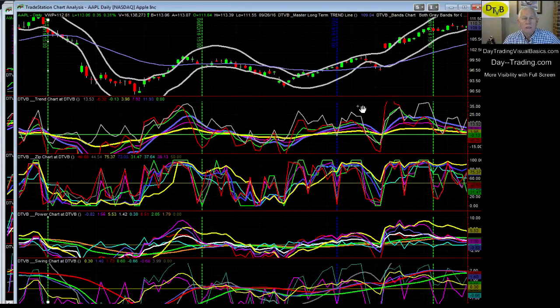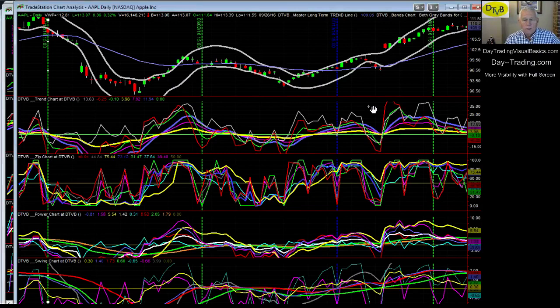The definition of a red spike is with red under 50 and zip yellow above 50, and both of them are going down. One of the most effective ways to buy a spike is with the trend trio going up.